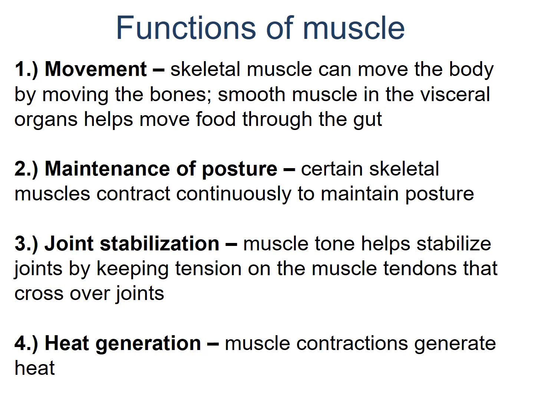In the heart, cardiac muscle contracts to help move blood through the heart and ultimately through the cardiovascular system. Smooth muscle, as an example, lines most of the digestive system, and when it contracts, it helps move food through the gut towards your anus.